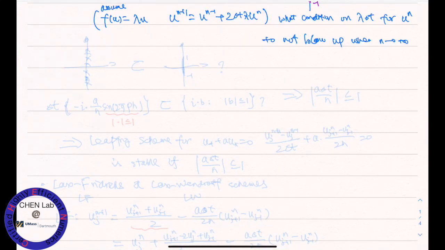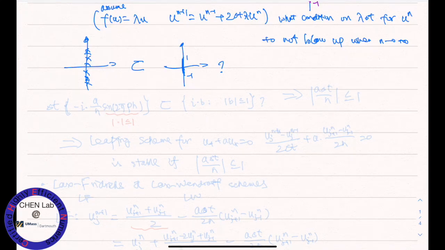So for the Leapfrog scheme for our advection equation, whether it is stable becomes the question of whether these eigenvalues are contained in here, between i and negative i.